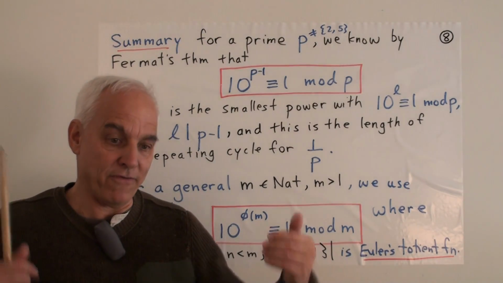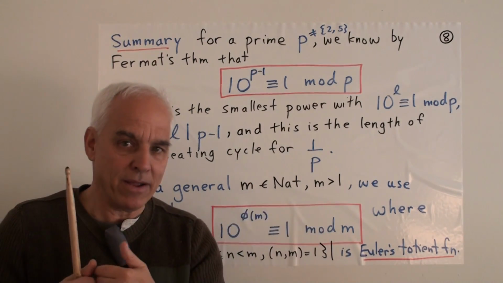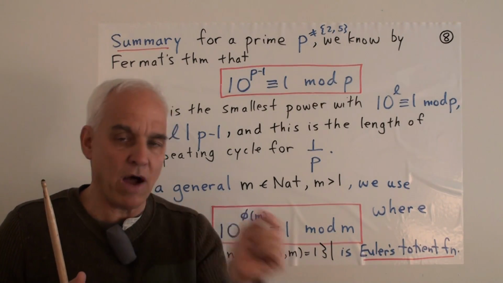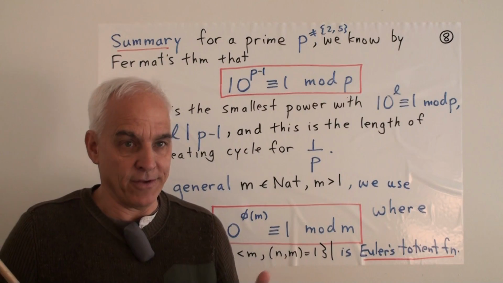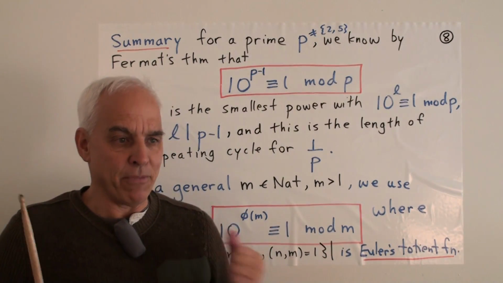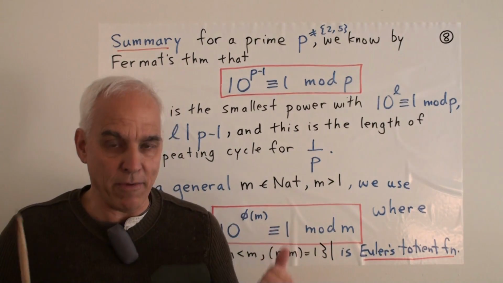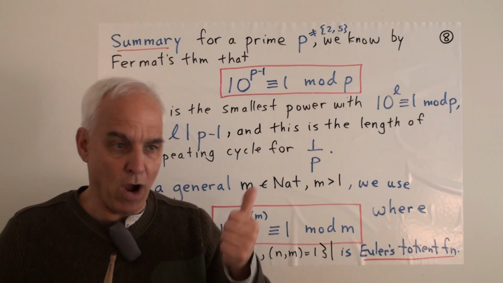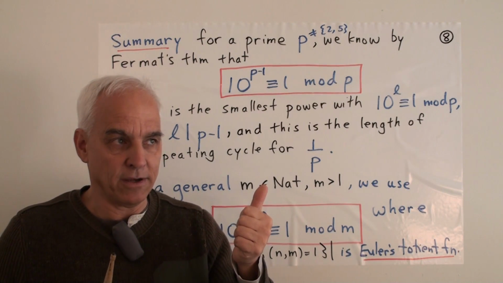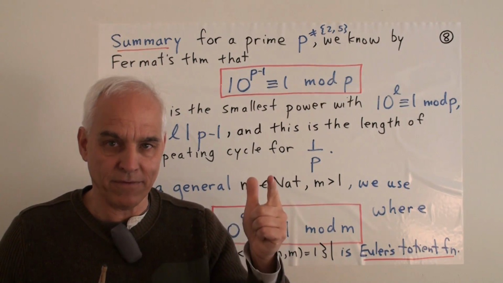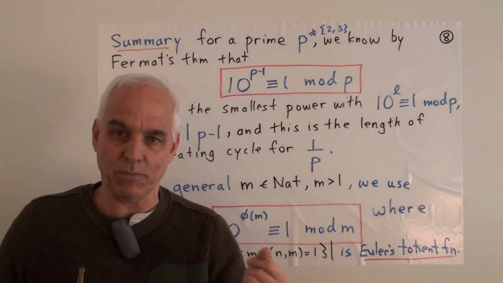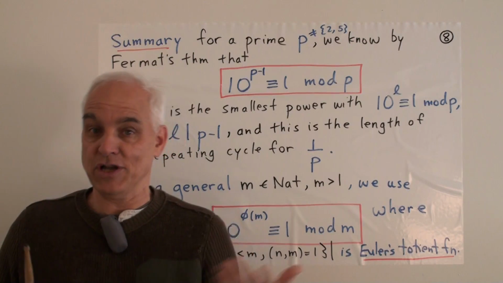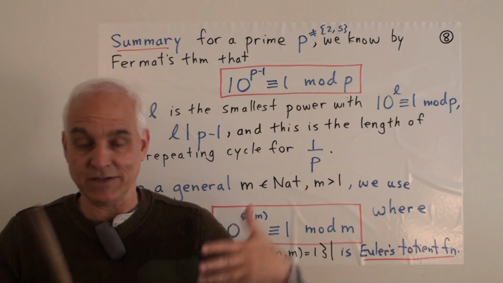So the number of numbers less than m which actually have no common factor with m. So if we're talking about, say, 6, then the numbers less than 6 which have no common factor with 6 are 1, not 2, not 3, not 4, 5, only 1 and 5. And that means that phi of 6 will be 2, because there are 2 such numbers less than 6 which are relatively prime to 6.